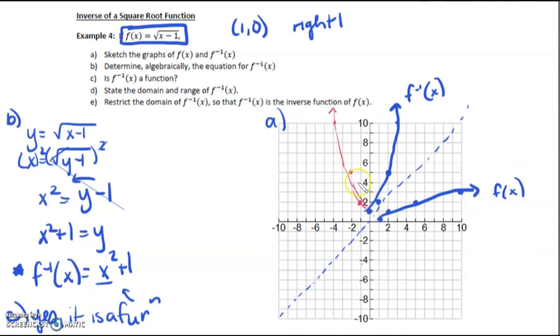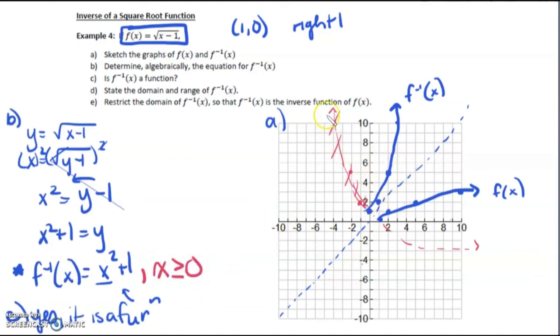So it would be the full quadratic, but we actually don't have this side, the reflection of the root, right? So we actually have to put a restriction on the domain. The restriction on the domain would have to be x has to be greater than or equal to 0.